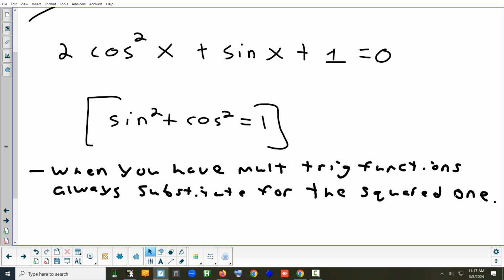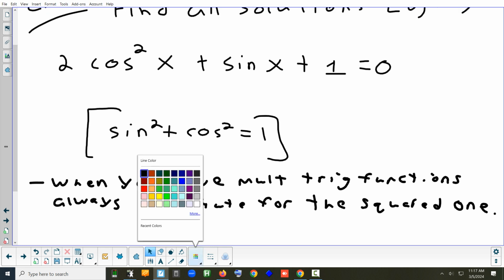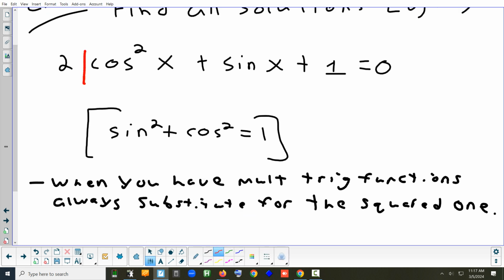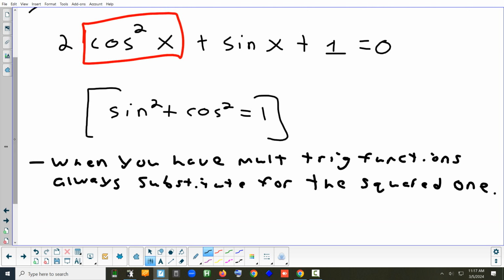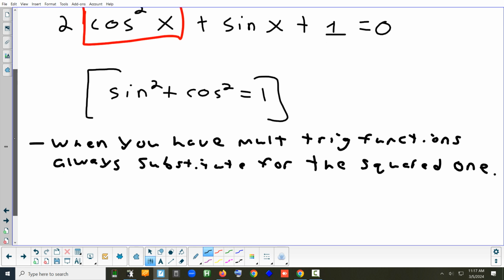Okay, so what trig function here is raised to the second power? Cosine. So that means we are going to substitute in something for that. Okay, so let's rewrite that equation and let's just leave room to plug something in. Everything that's not in the red box is going to stay exactly the same.